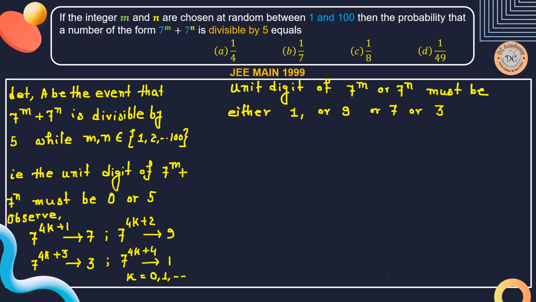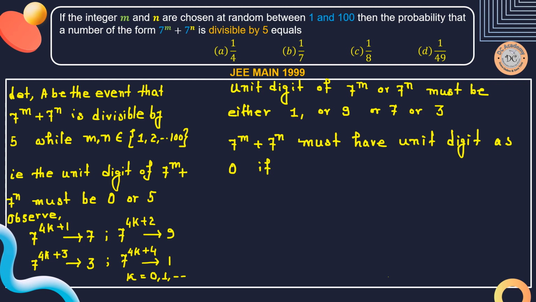That's the condition. So we can easily say that 7 to the power m plus 7 to the power n must have unit digit 0 in a few cases.